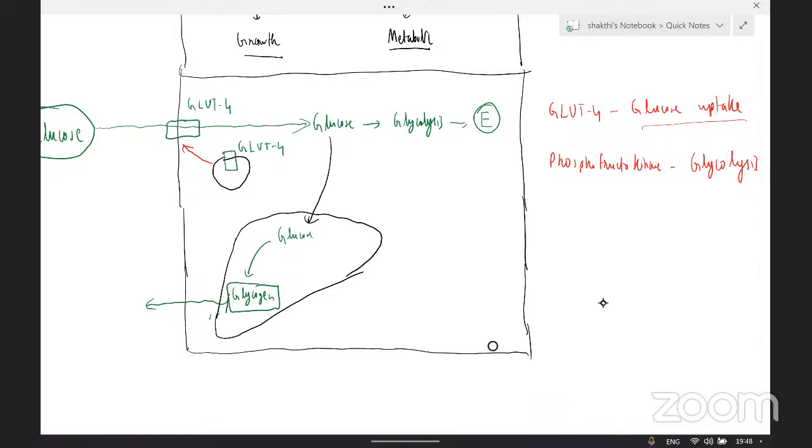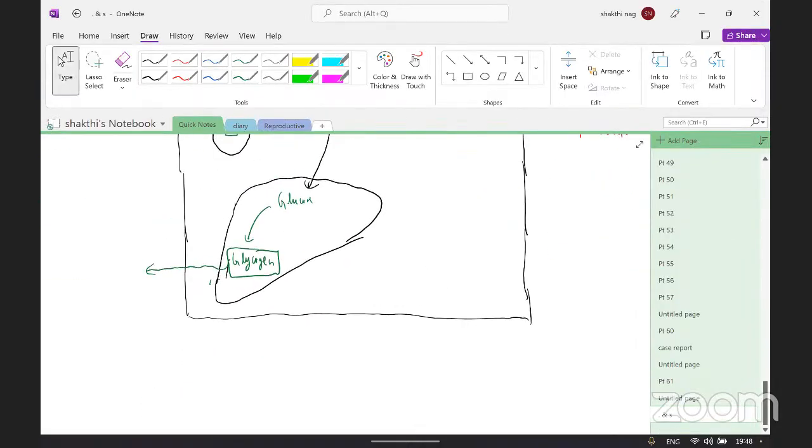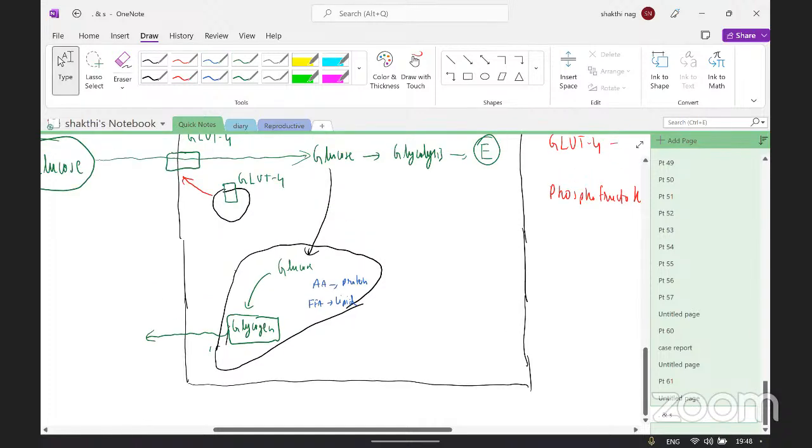Now, apart from this, in your liver, amino acids, from there, proteins are made, fatty acid, lipids are also made. So in your liver, what does it do? Again, uptake of glucose is also favored in the liver. Conversion of glucose to glycogen is done in the liver.